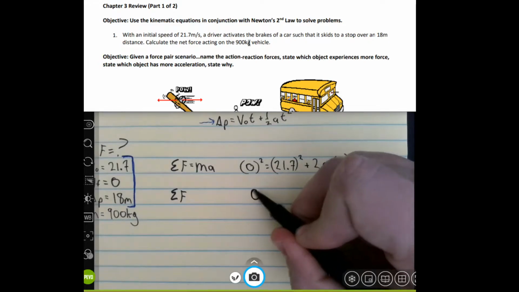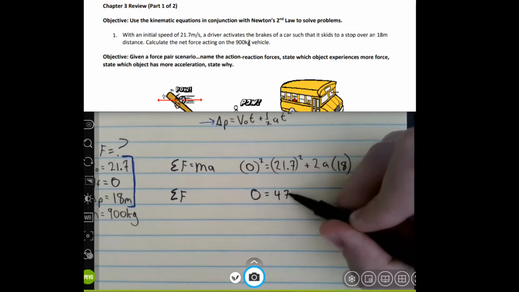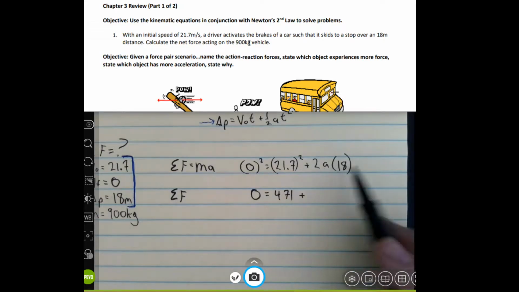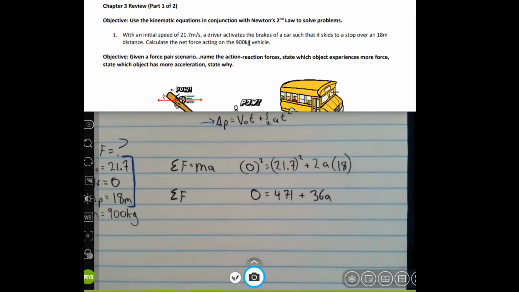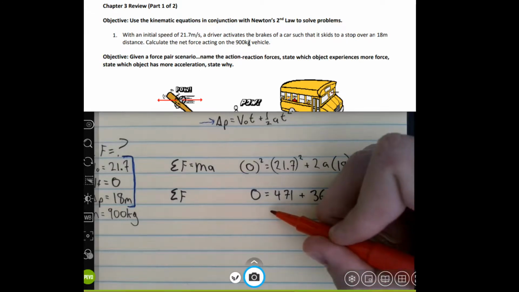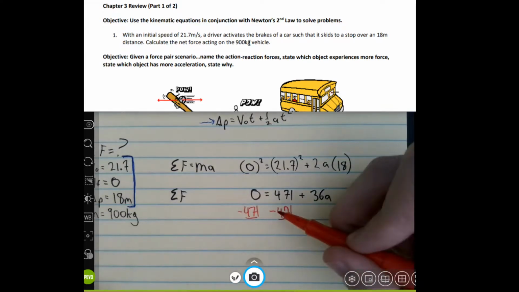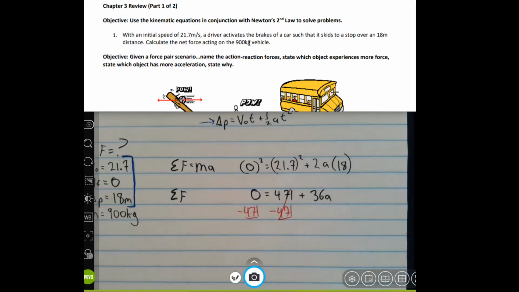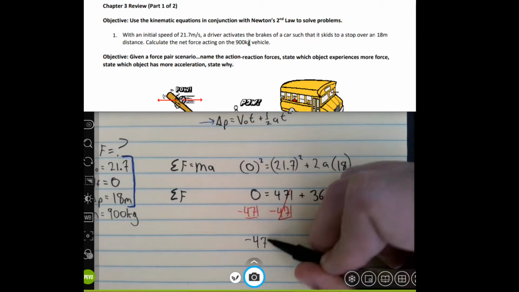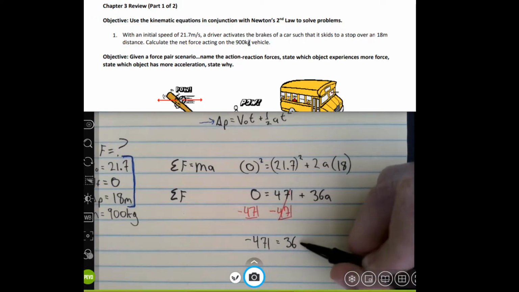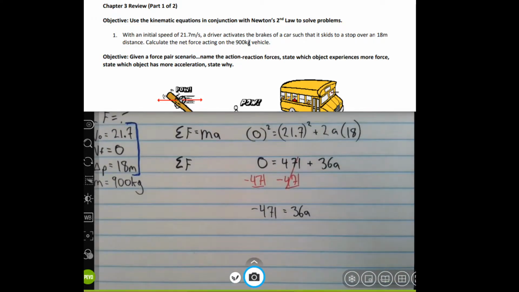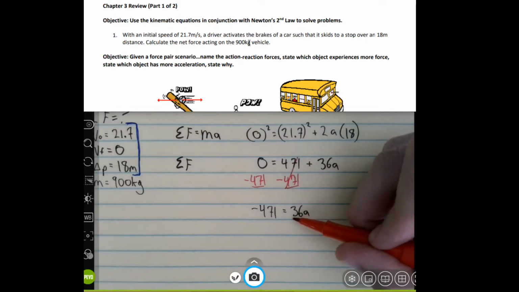So this will be 0 equals 471 plus 2 times 18 will be 36A. So now I'll subtract 471 on both sides. That leaves us with negative 471 equals 36A, and then we divide both sides by 36.